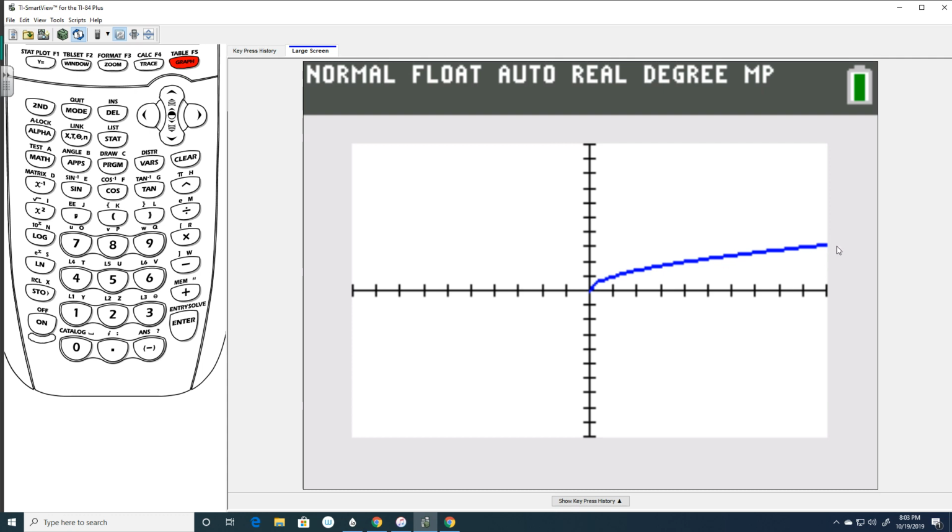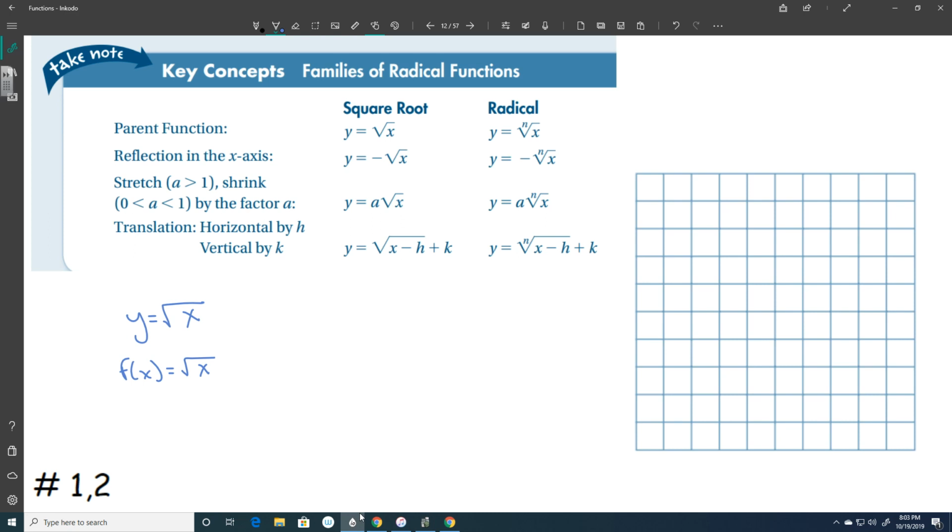Now, it's never going to level off completely flat, but the further to the right we go, the flatter it's going to get. But if you notice, there is nothing to the left over here. There is nothing on this side of the graph. It goes from 0 to the right. And you're going to see why that happens here in just a minute.